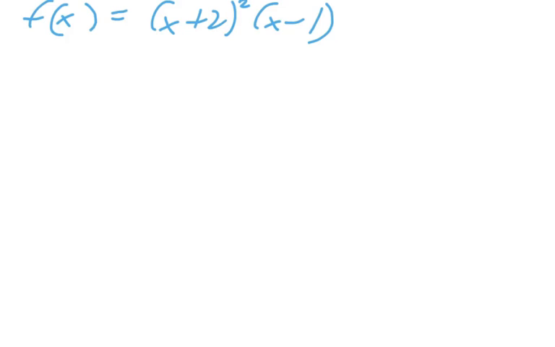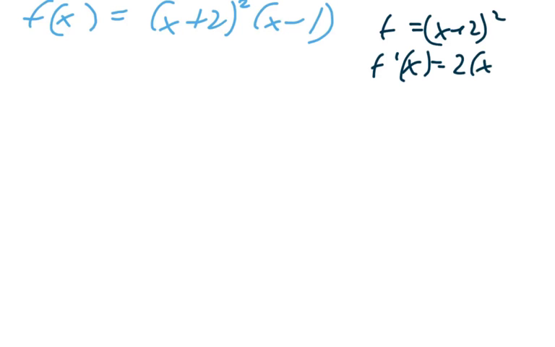Alright, so for this one, we're going to use the product formula again. So the derivative of this would be 2 times x plus 2 times 1, but I'm not going to write that down. The derivative of the second part is just 1.